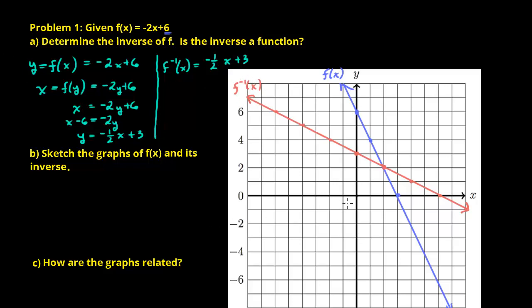Another thing to identify is that here it says, how are the graphs related? So how are these two graphs related? This question's a little bit tricky, but suppose that we graph the line y is equal to x. You might have noticed something here. If we graph the line y is equal to x, this is also called the identity line.